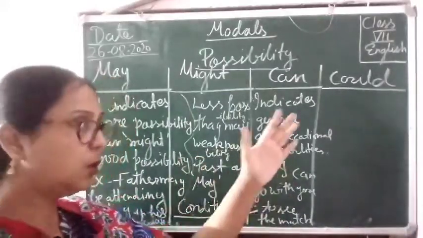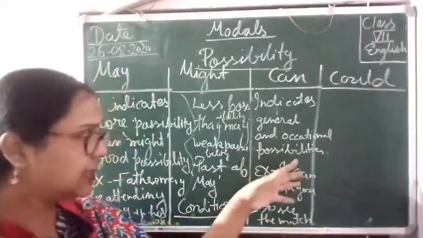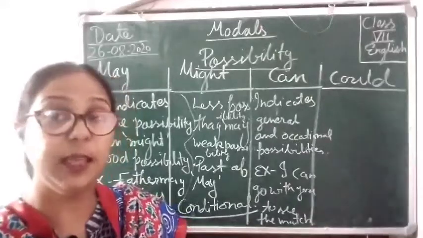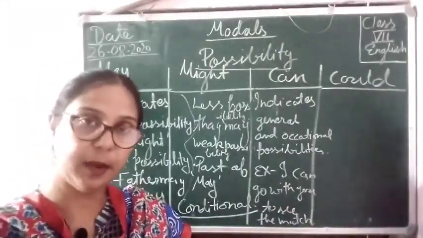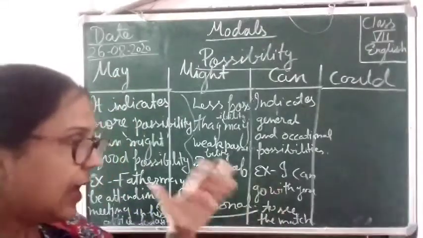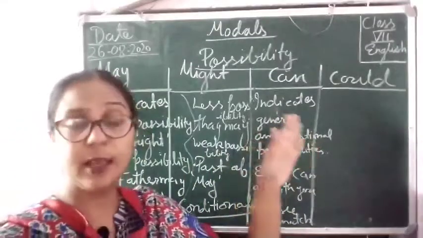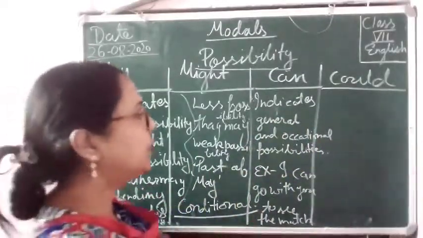Now we are moving to could. Could can show the possibility which is less than can. Whenever there is less possibility, then we are supposed to use could over there. So that we always keep in our mind. When we have to show the less possibility than can, then we are supposed to use could.